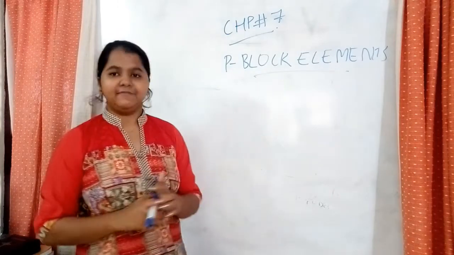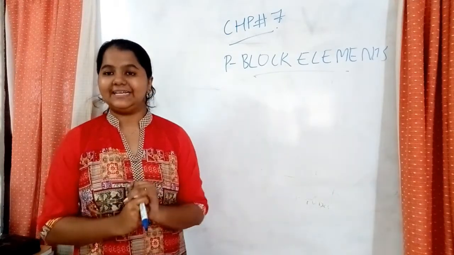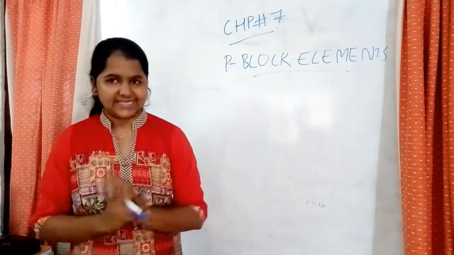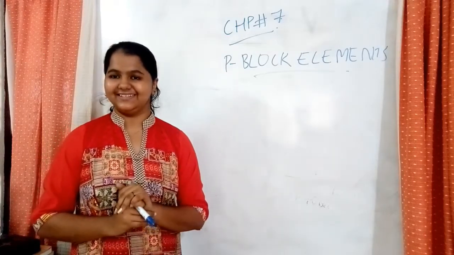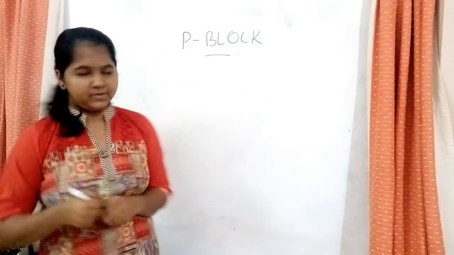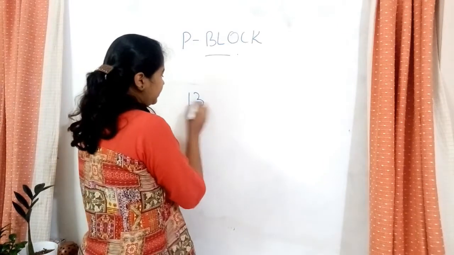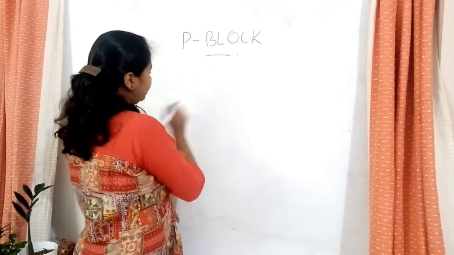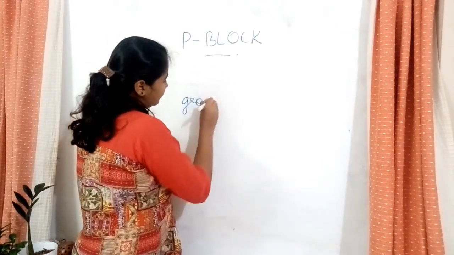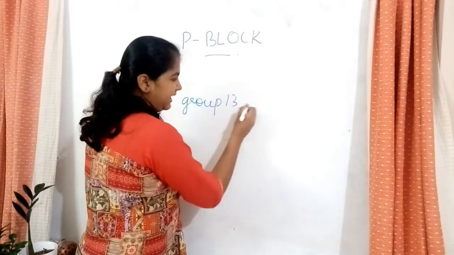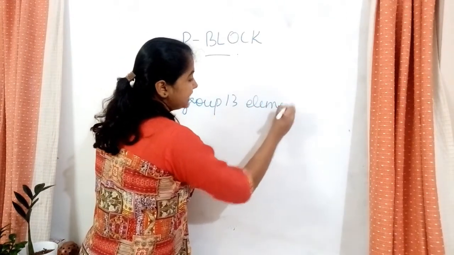So I'm dividing this chapter, and now we'll be dealing with the group 18 elements. So let's get started. The P block is from group 13 elements to group 18 elements.